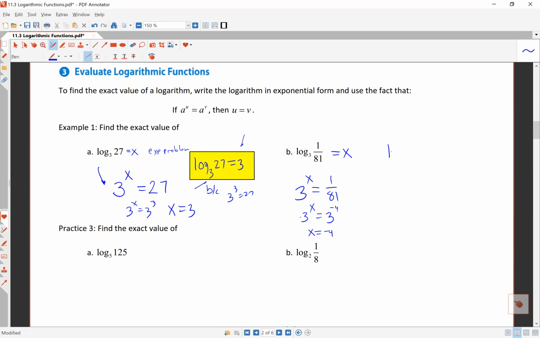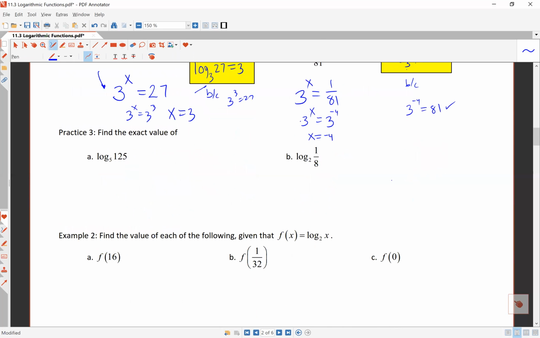So we've just determined then that the log base 3 of 1/81 is the exponent on 3 to get 1/81, which is -4. And again, that's because 3 to the -4 is 1/81.